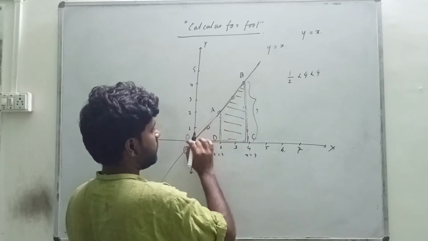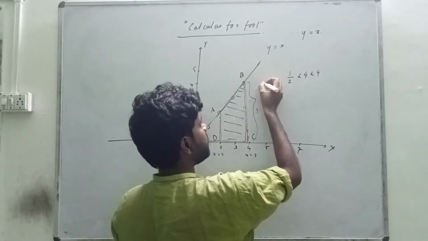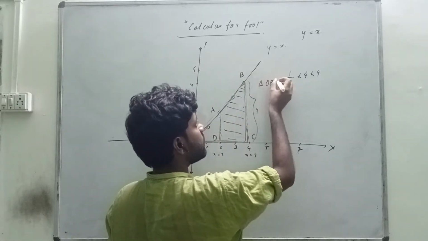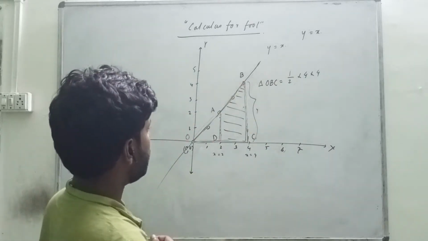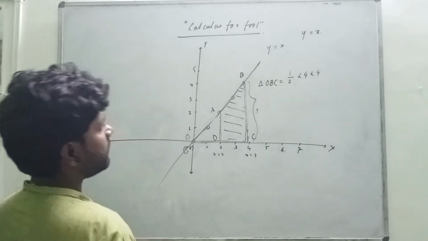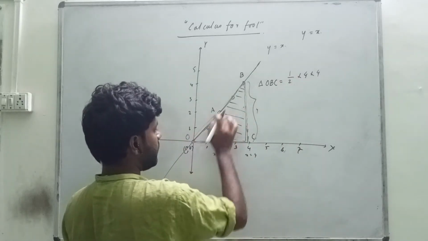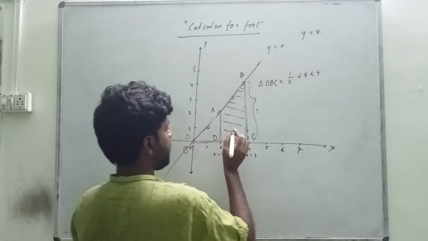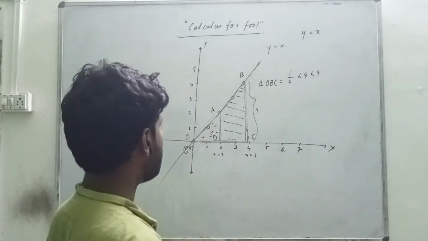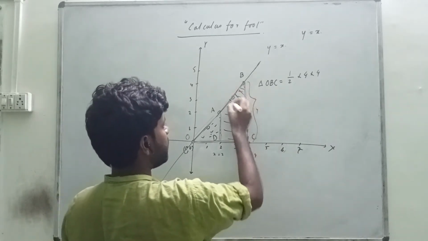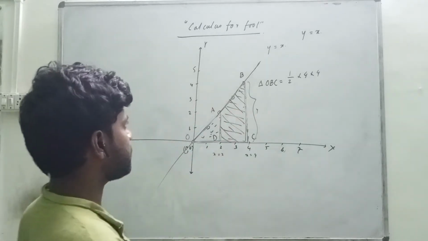So half into 4 into 4 is the area of the triangle OBC, the full area of this triangle, and if I subtract from this area the small area, the area left out is just the area of this trapezium.